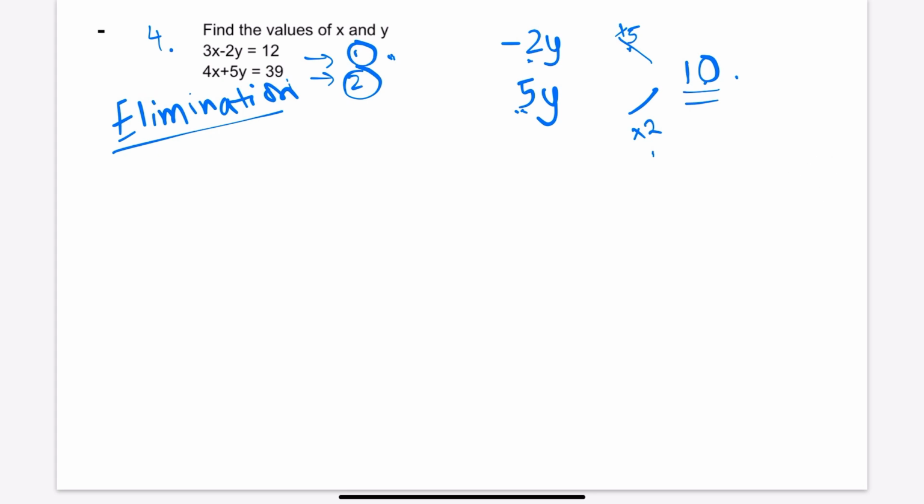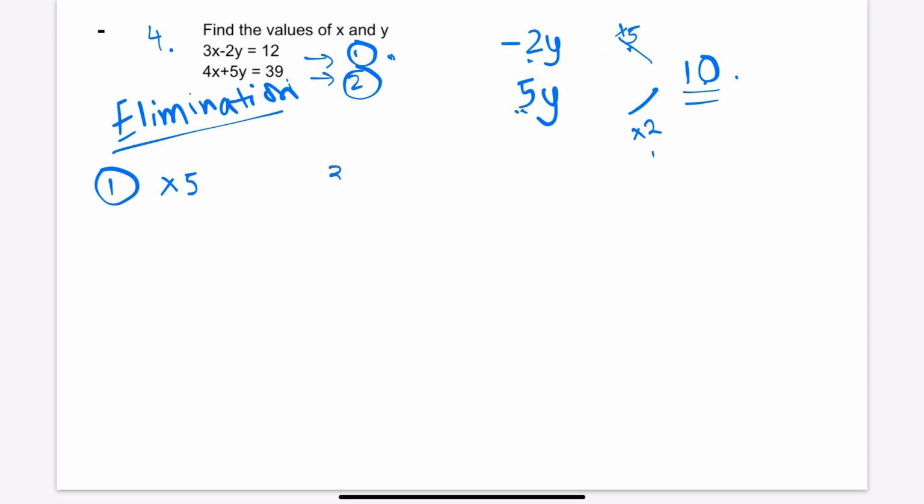The reason for making the coefficients the same between these two equations is to wipe out the variable y in this case. Let's do that. Take equation 1 and multiply by 5.